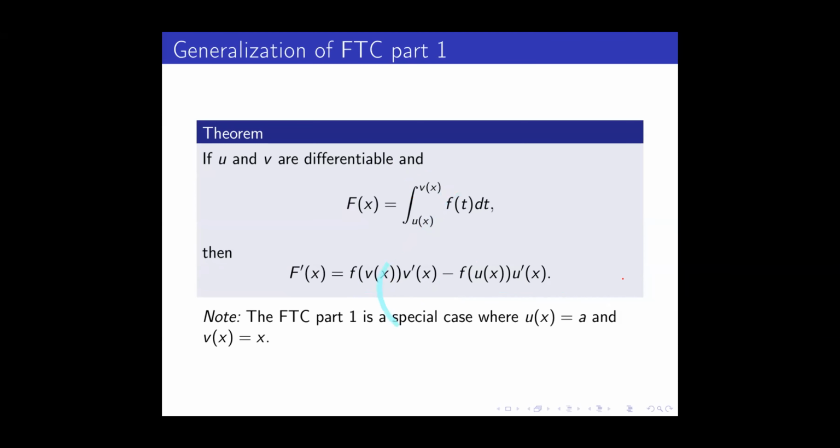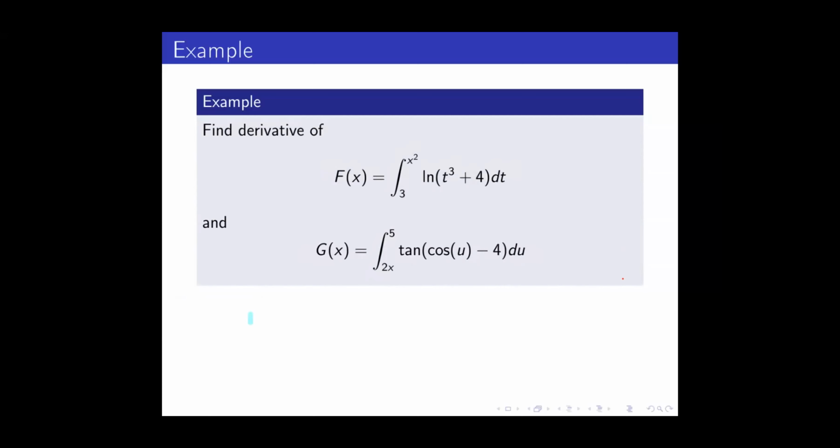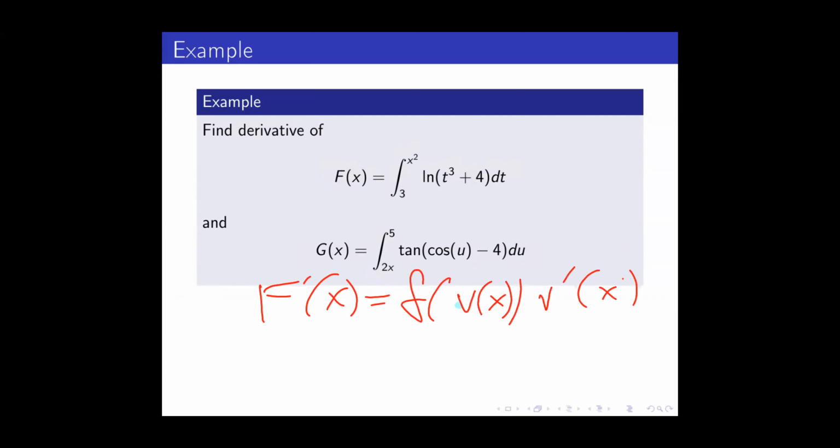I'm not sure if you can remember this formula. So the formula is this: f prime of x is f of v(x), where v is the upper limit, times v prime, minus f of the lower limit, times u prime.